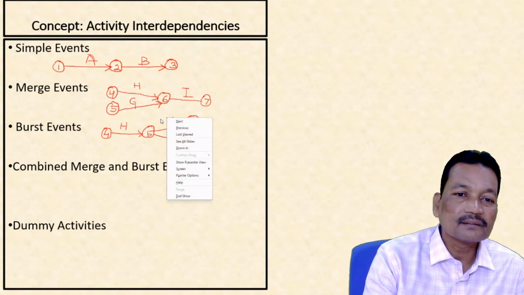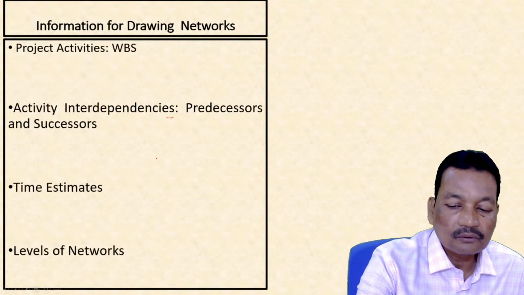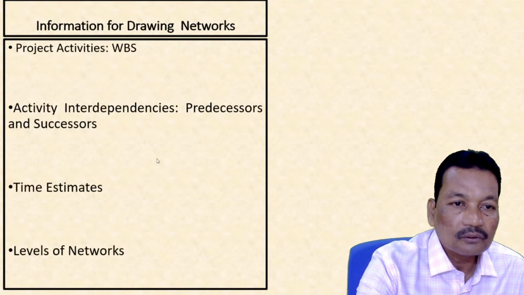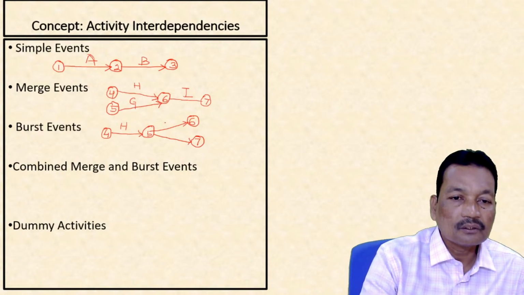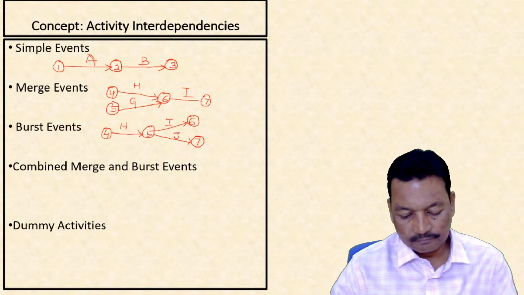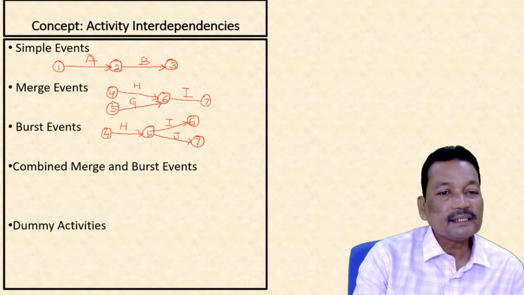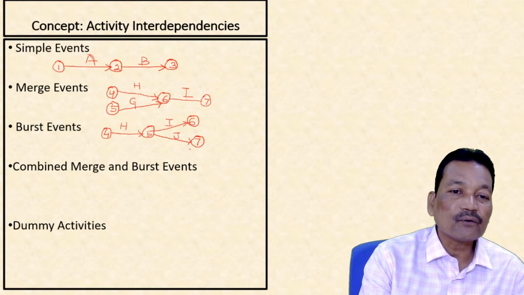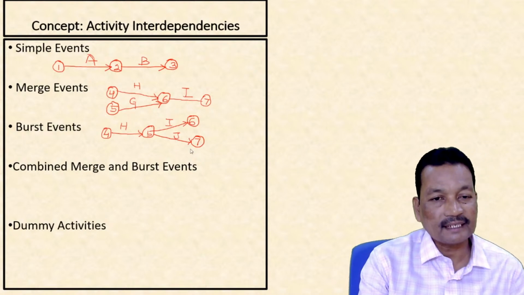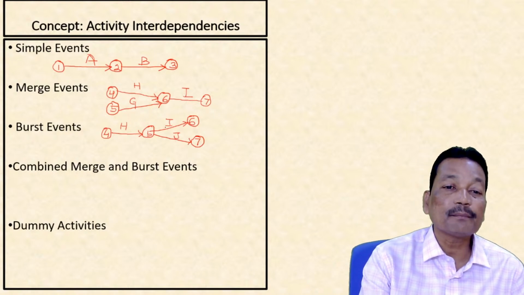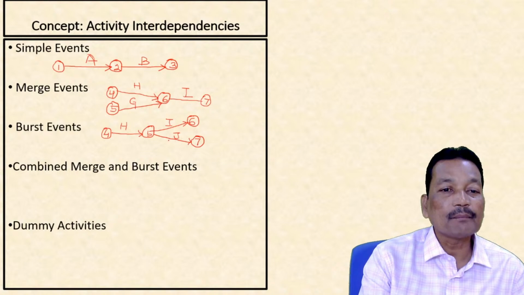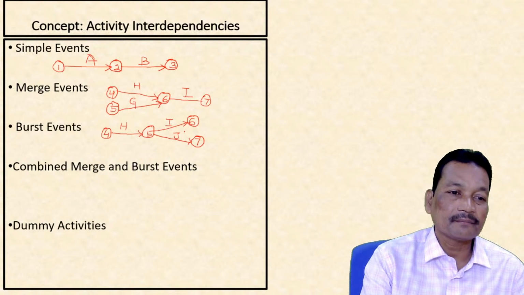This is I, this is J. Now all of us see, event 5 leads the way for a burst of events. That means two or more activities are emerging from event 5. So this is called as burst event.